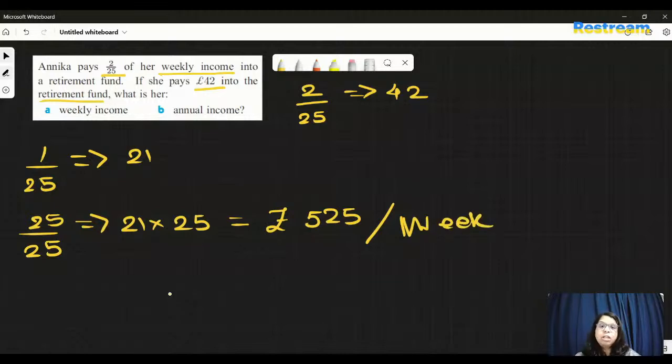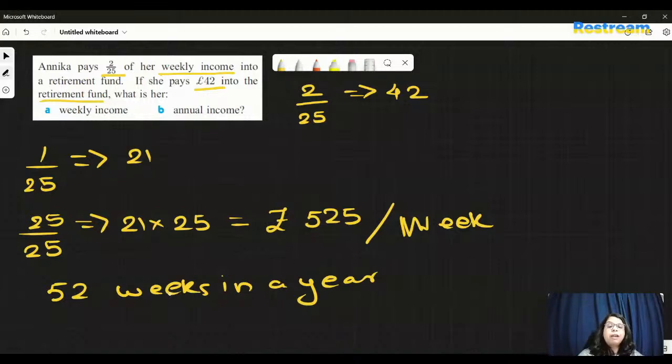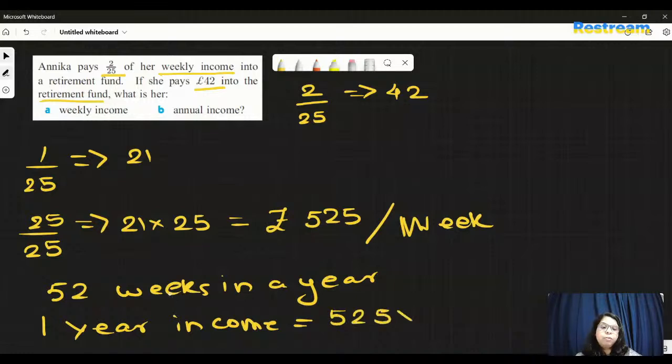Now, second question is, what is her annual income? So we say that there are 52 weeks in a year. And her per week income is 525. So 1 year income is equal to 525 multiplied by 52.